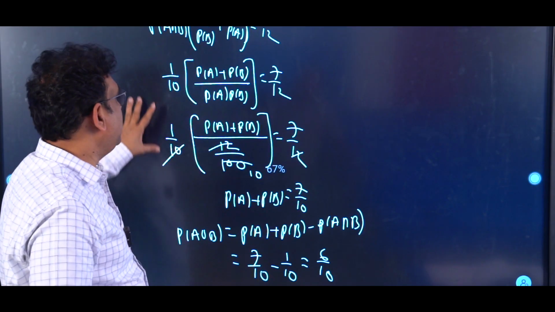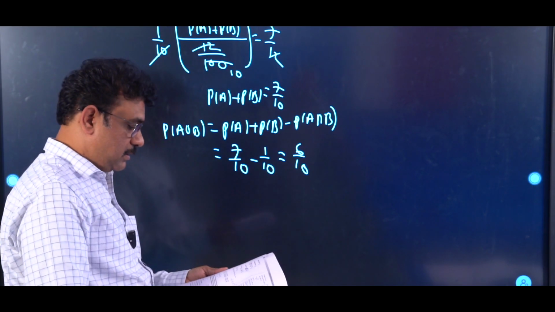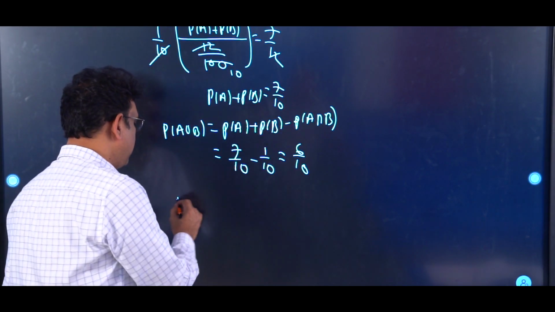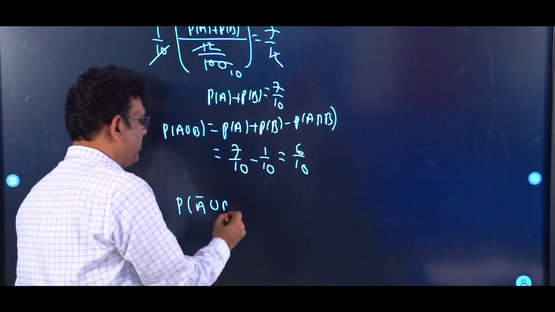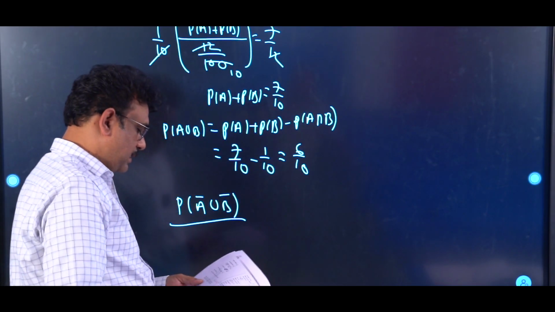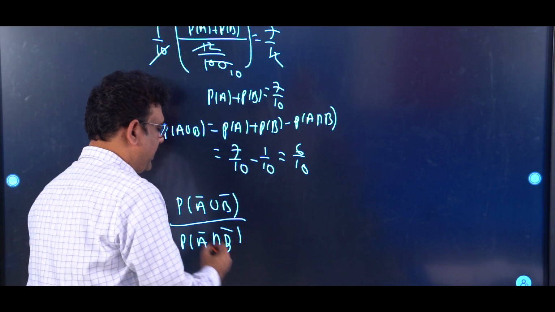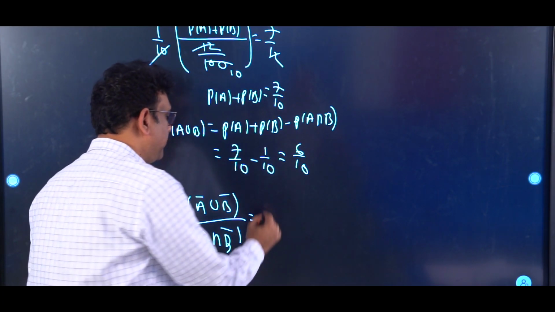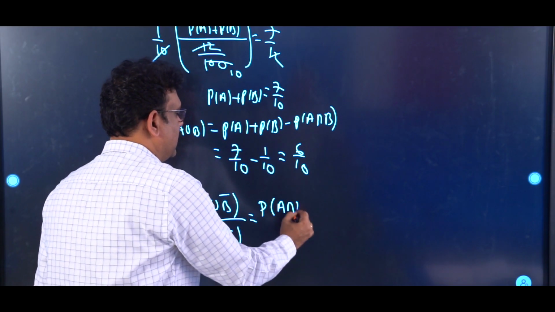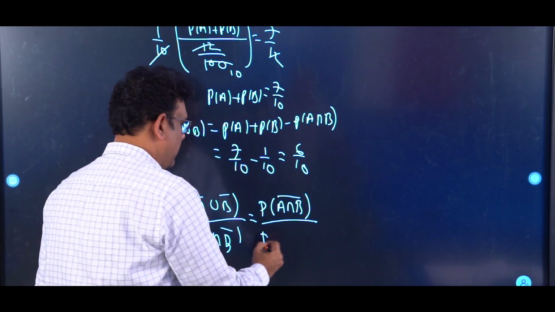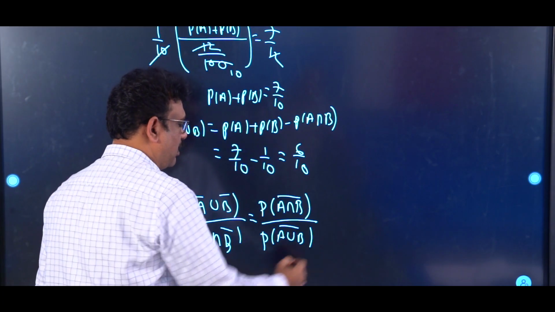Now we need to find P(A complement union B complement) by P(A complement intersection B complement). That is equal to P(A ∩ B) whole complement by P(A ∪ B) whole complement.